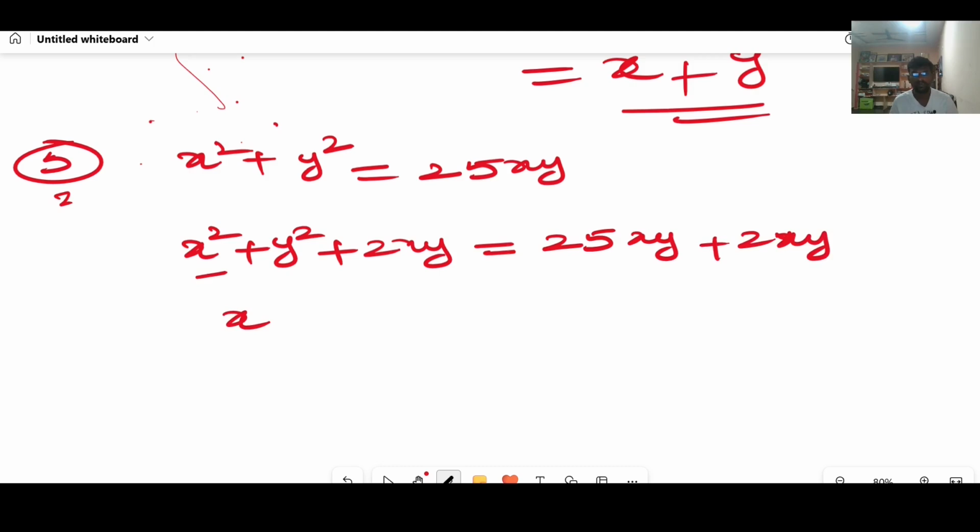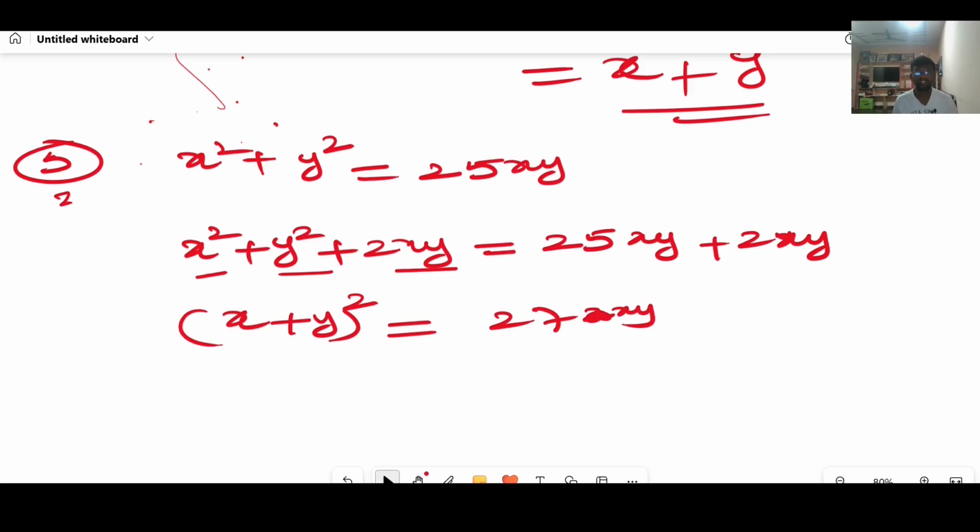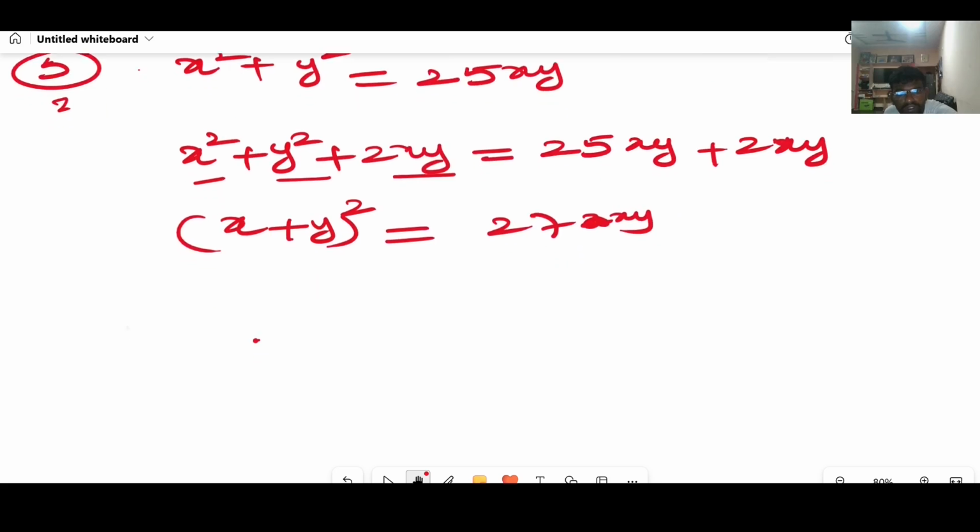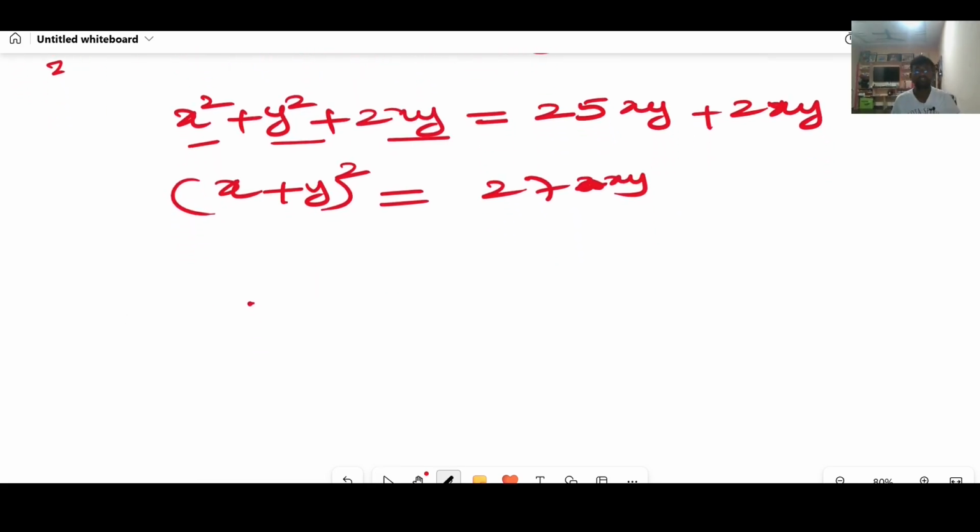Can I write a square plus b square plus 2ab as (a plus b) whole square? Can I write this as (x plus 5) whole square? Here we will get 27xy, right? 27xy.